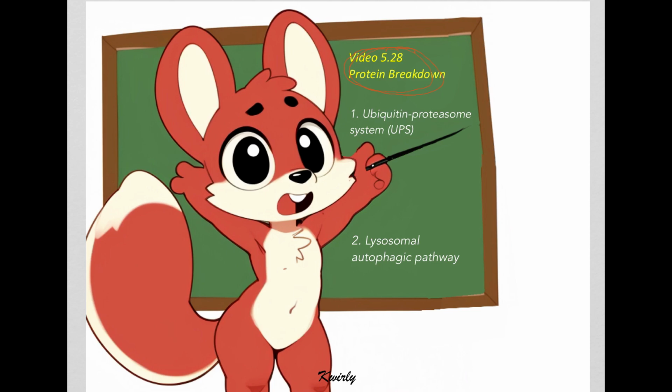We discussed the ubiquitin proteasome system, or the UPS, as well as the lysosomal autophagic pathway. So how fast these pathways occur will decide how quickly the protein is broken down and therefore affect the concentration of the enzyme. So we're not going to discuss this here. We recommend that you look at video 5.28 if you are interested in the protein breakdown aspects.